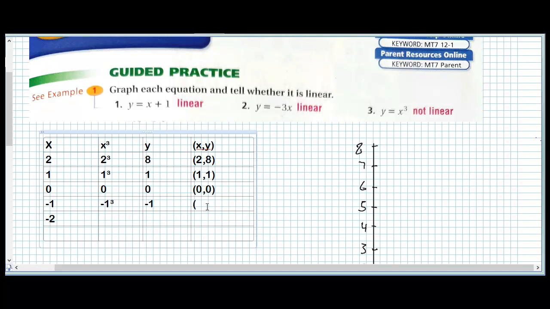So here it will be -1 and -1. Then -2 to the power of 3 will be -8. So we have -2 and -8.